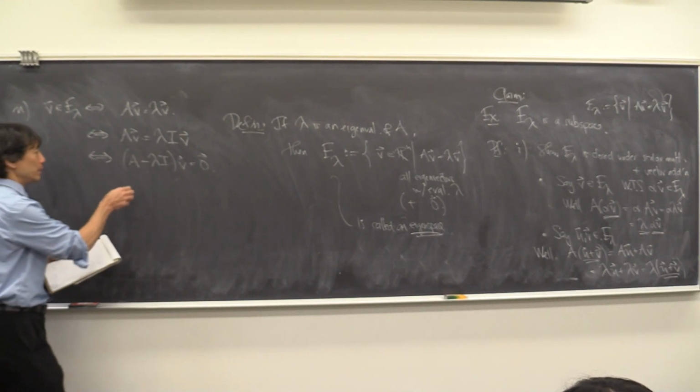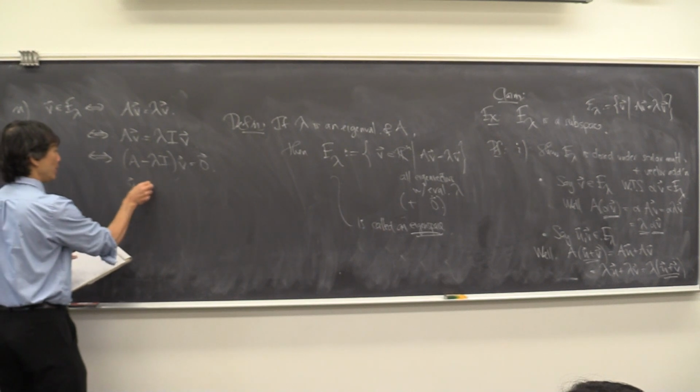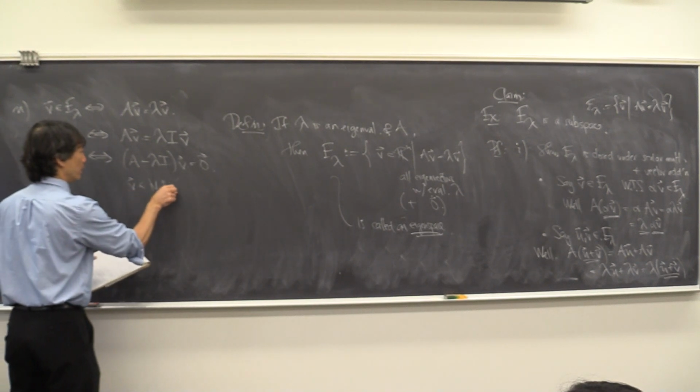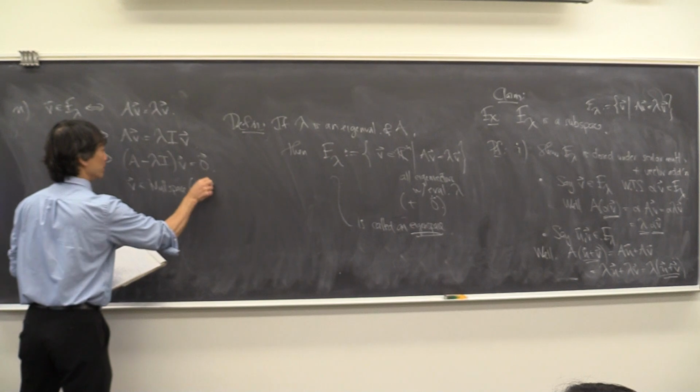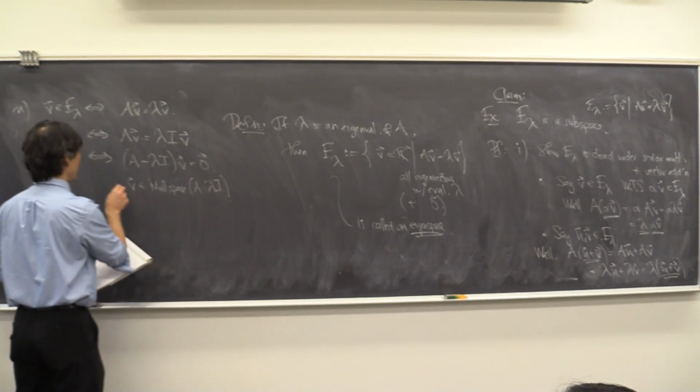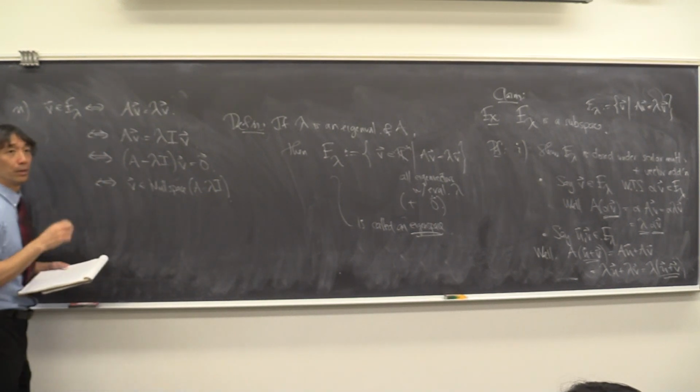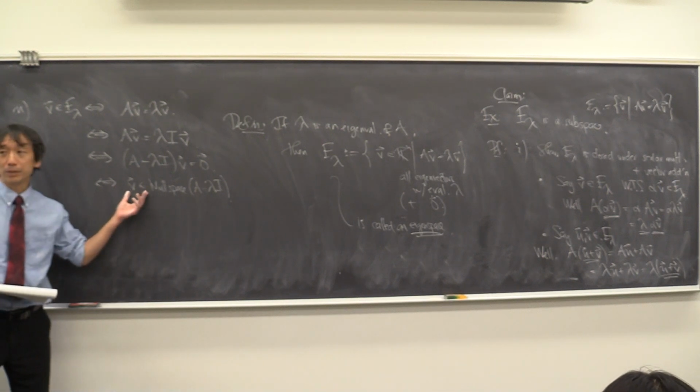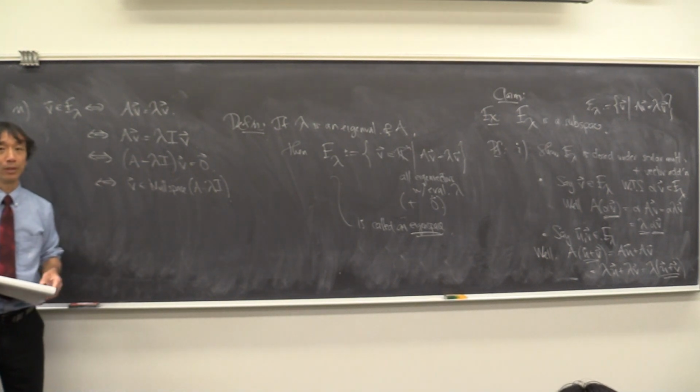But that means that V is in the null space of A minus lambda I. Well, the null space is a subspace, we know that.